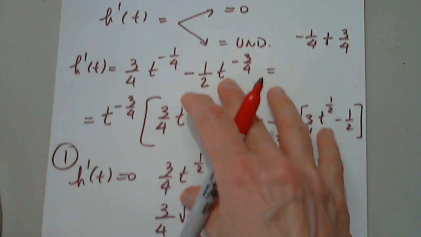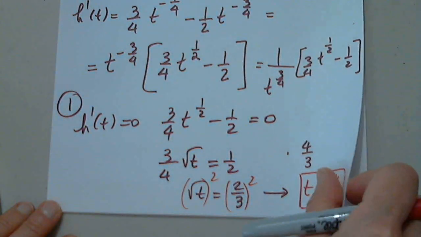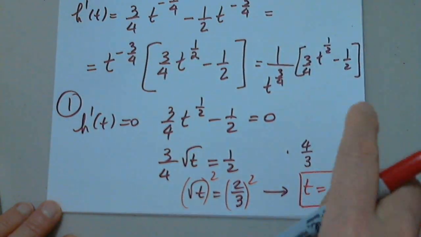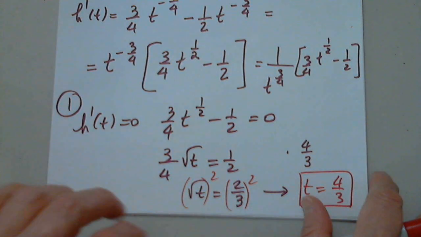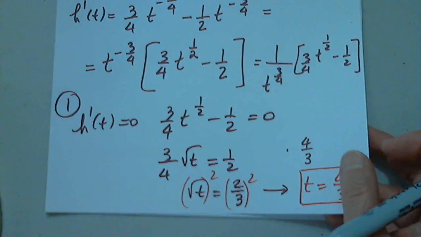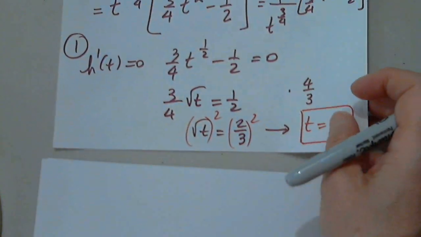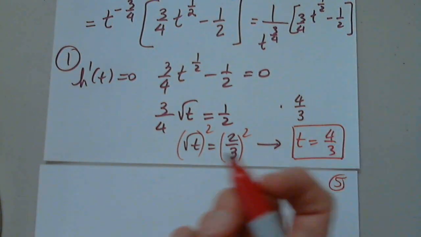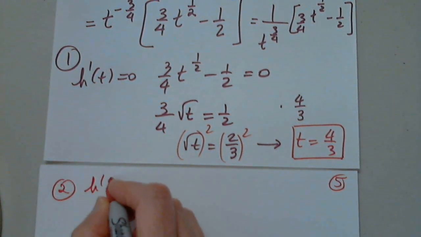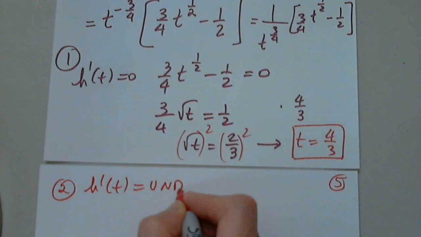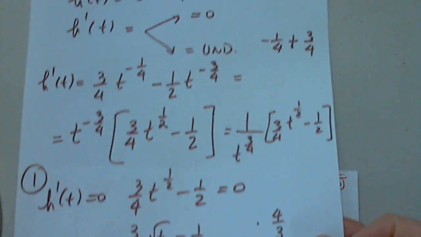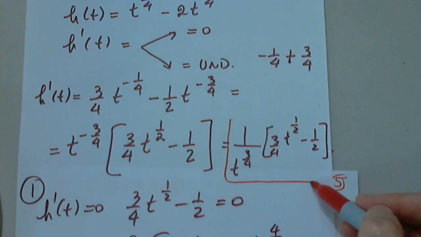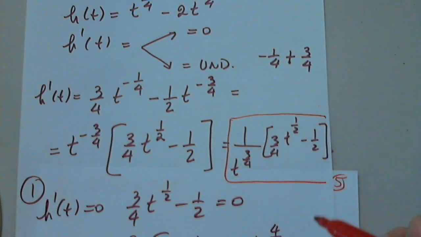Okay, next. There is a second source where this derivative is undefined, but the function is defined. The point has to be on the function. So h prime of t equals undefined. When will this function be undefined?